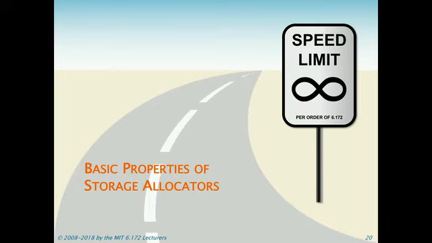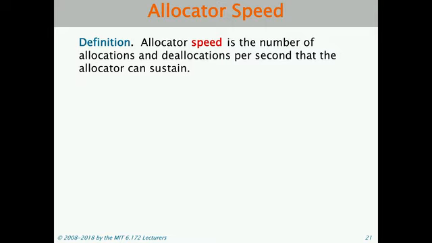All right, so we talked about stacks, and then we reduced the problem to heap allocation. So now we have to talk about heaps. Let's review some basic properties of heap storage allocators. Here's a definition. The allocator speed is the number of allocations and deallocations per second that the allocator can sustain.